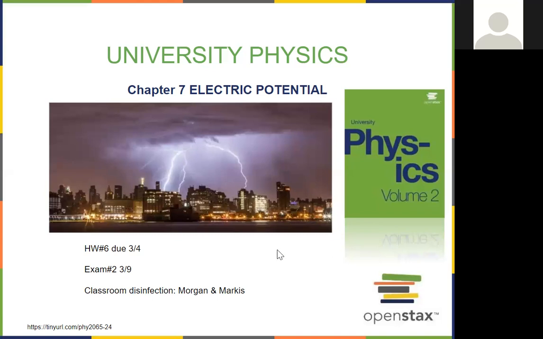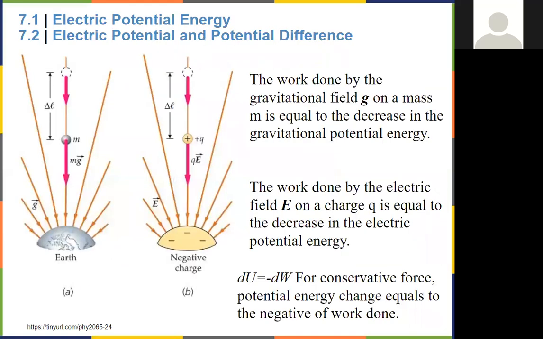So today we'll be looking at chapter 7 on electric potential. This is again an analog to the gravitational potential.